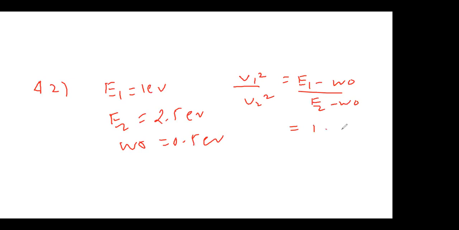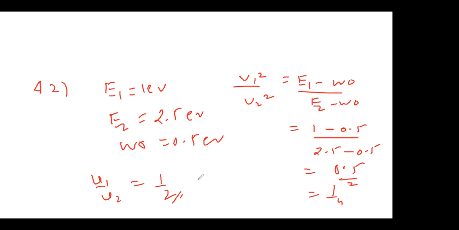E1 is 1, work function 0.5. E2 is 2.5, work function 0.5. So 0.5 upon 2, which means 1 by 4. So V1 upon V2 is 1 is to 2, option B.